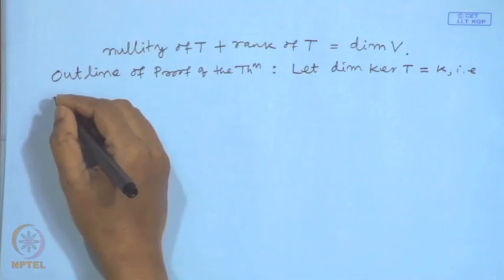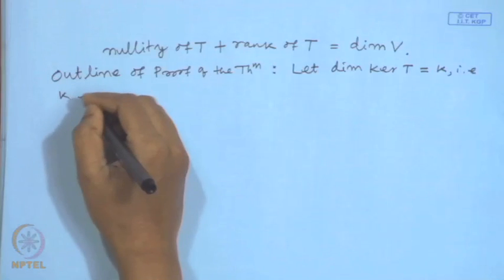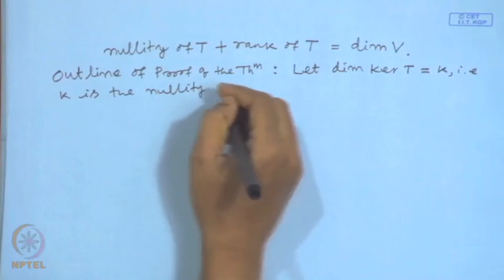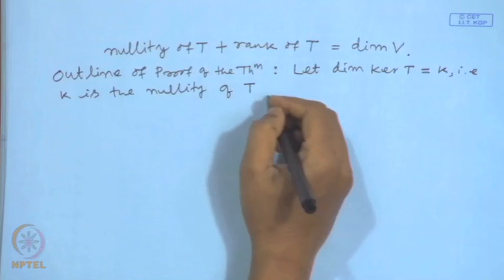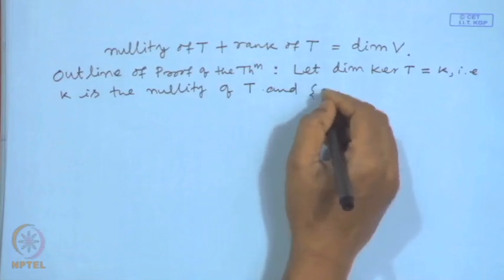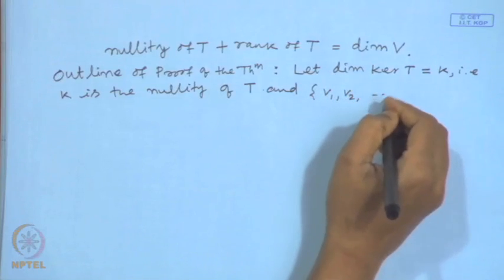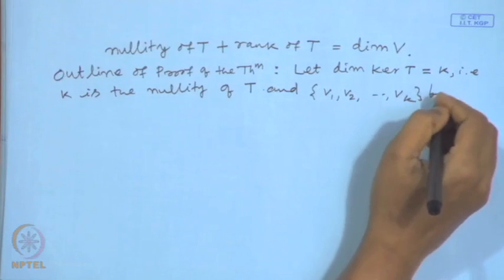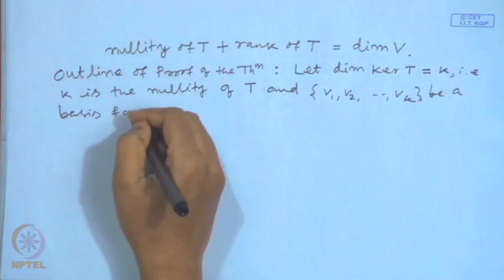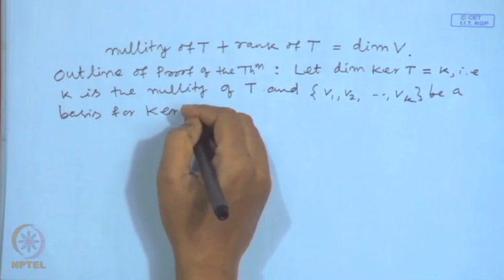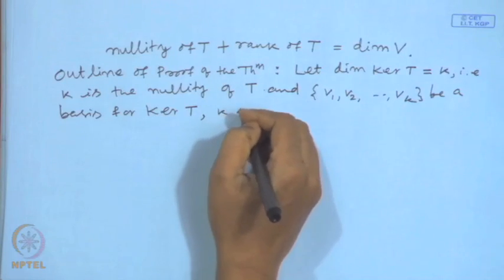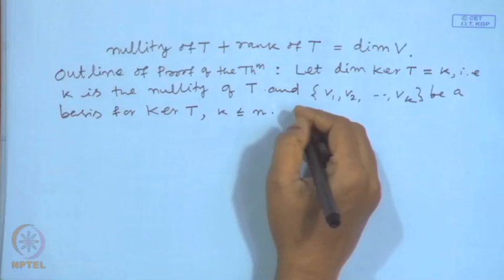That is, k is the nullity of T, and let V1, V2 to Vk be a basis for the kernel of T. Of course, this k is less than or equal to n.